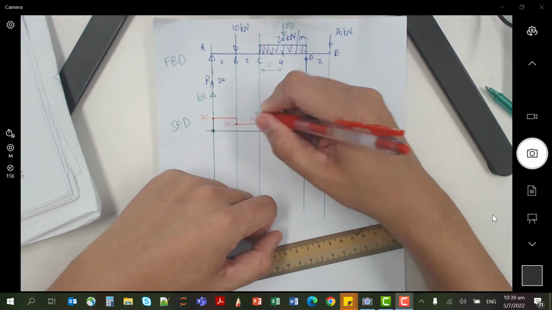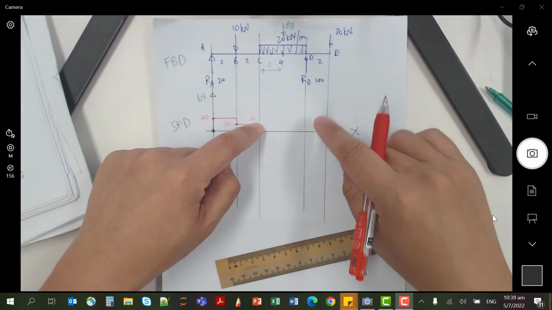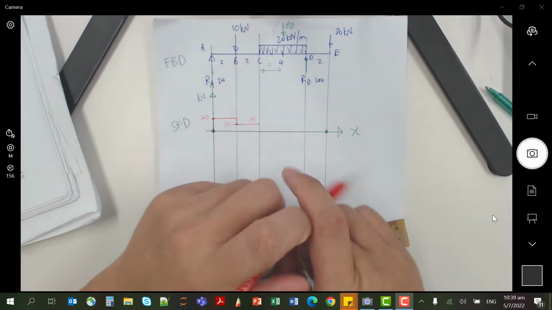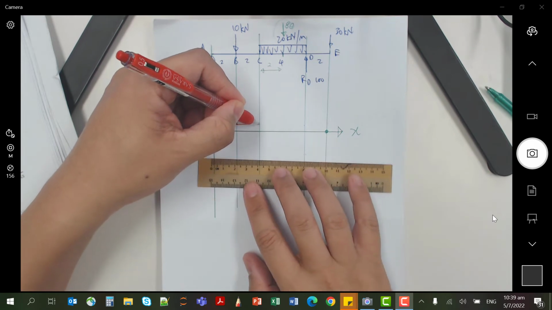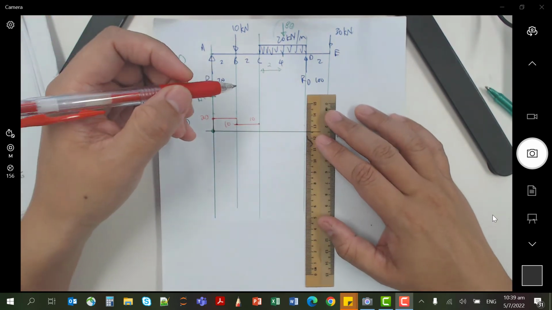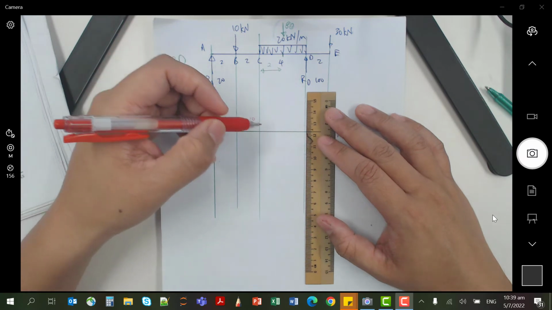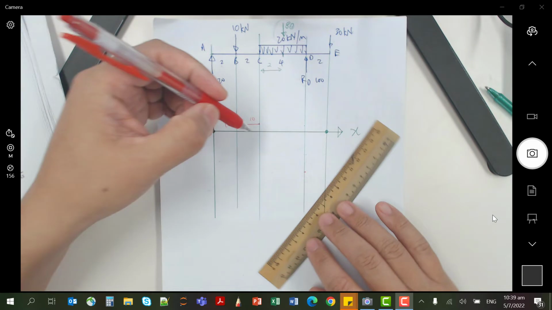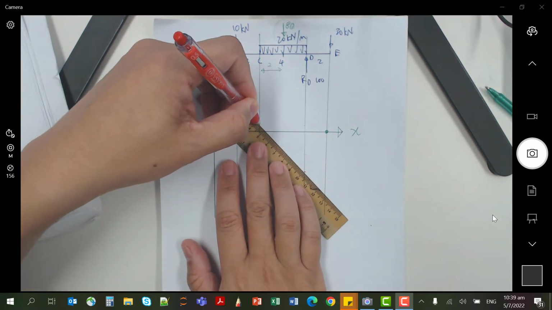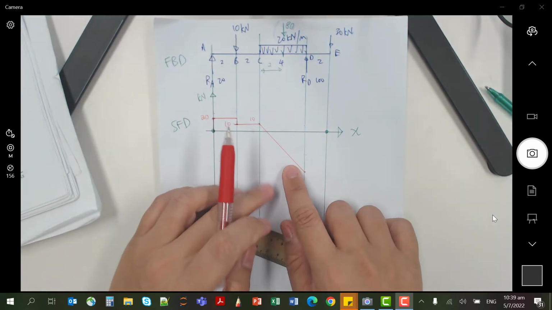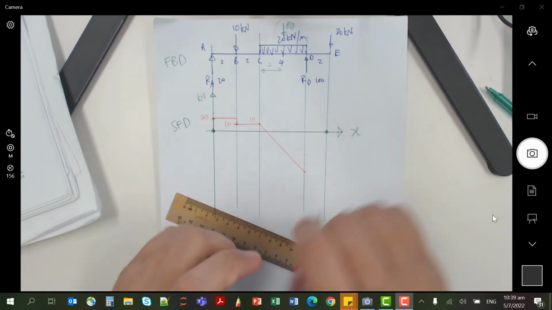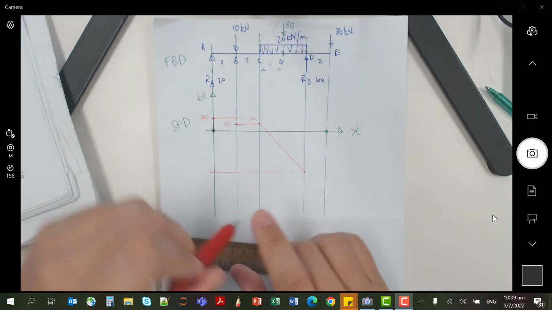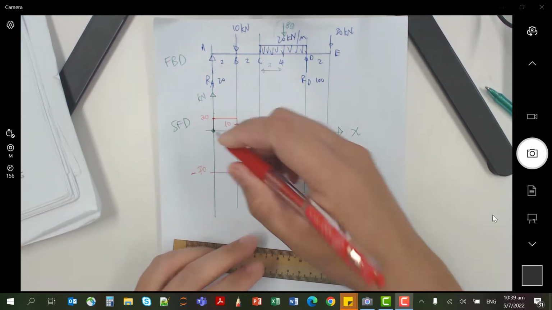So from 10, I get pushed down by 80 until I reach D. So from 10 minus 80, my new point would be minus 70. So this is the new point. UDL will produce this kind of shear force, and this new point is minus 70.